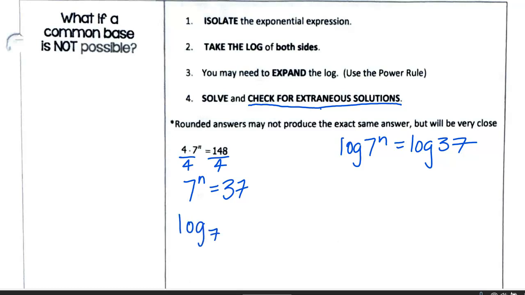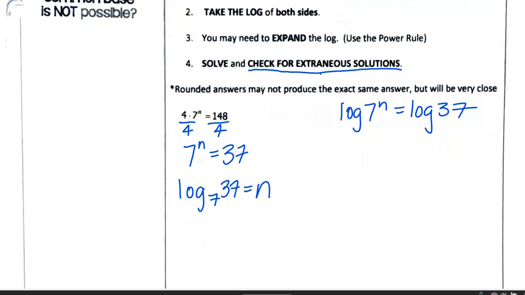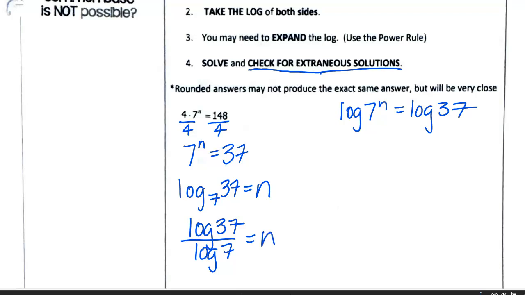So that means our base is 7. 37 goes here and n goes here. And then we just have to use our, sorry, we don't have a base of 10 here. So we have to use that converting it and how to put it in our calculator. So that would be log 37 over log 7 equals n.